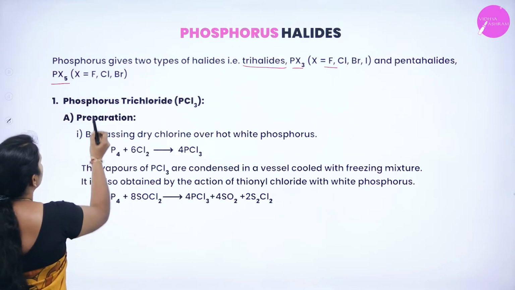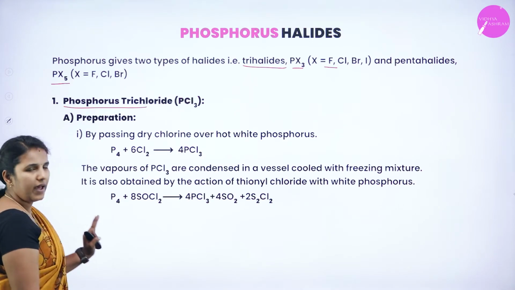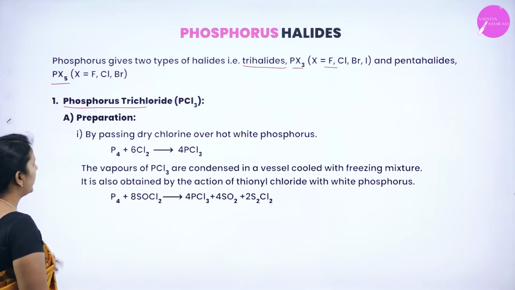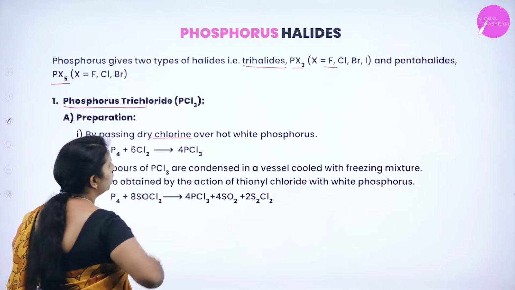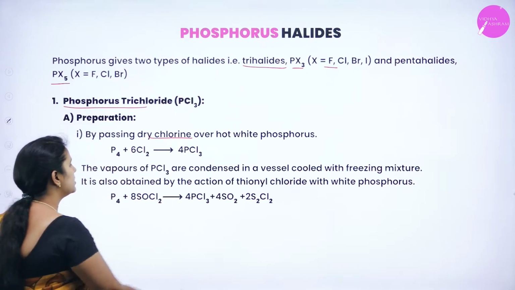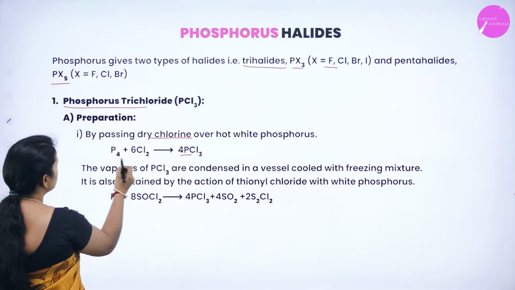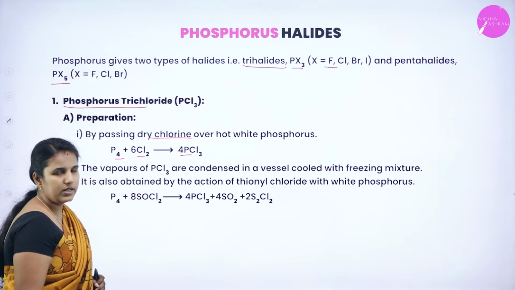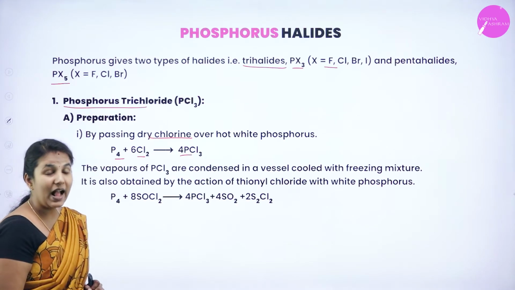Then coming to phosphorus trichloride in detail, how to prepare phosphorus trichloride we will discuss first. On passing dry chlorine over hot white phosphorus, it gives us phosphorus trichloride. So if you take white phosphorus and pass chlorine gas, it forms phosphorus trichloride, which is a phosphorus halide.